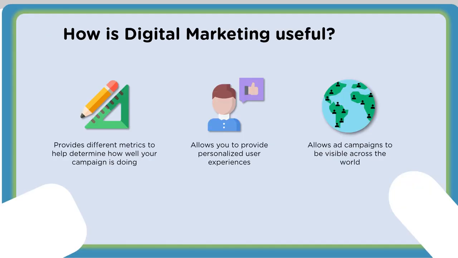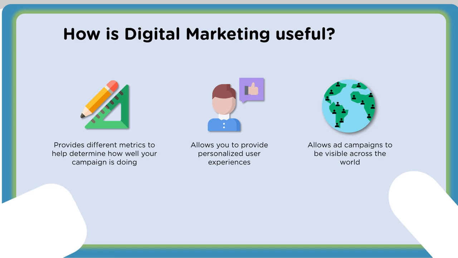How is digital marketing useful? Well, we know it provides different metrics. Why do we know it provides different metrics? Because it's all digital. Okay, so anytime you send out an email or post something on Facebook, you're going to get data back. And when you get data back, you could take that data to determine how well that post or that email performed.